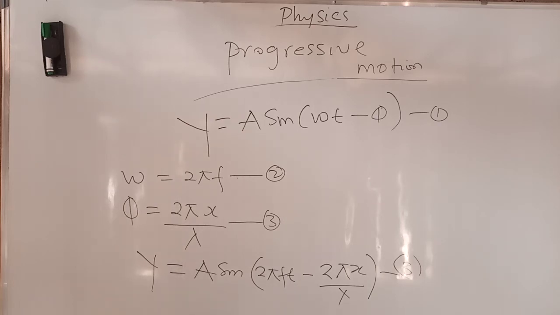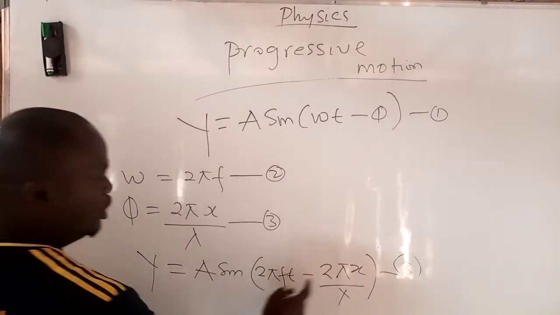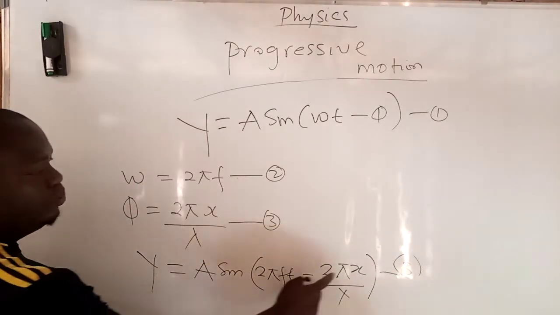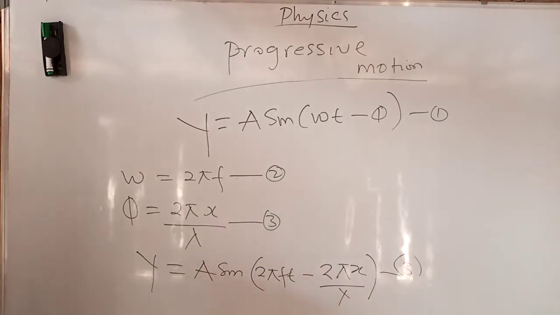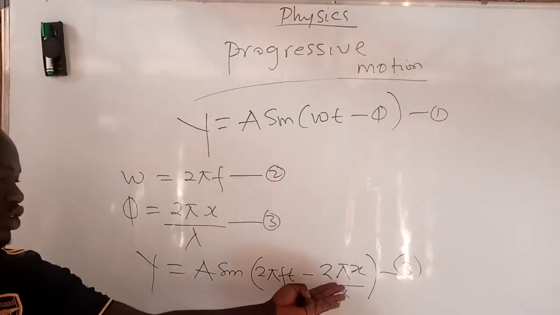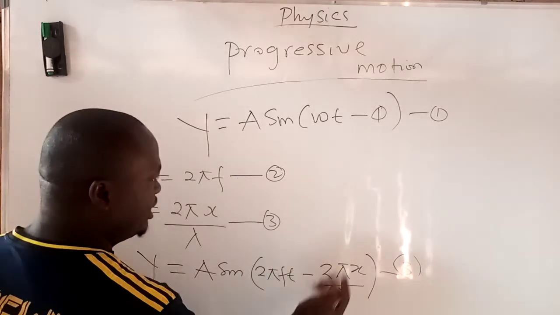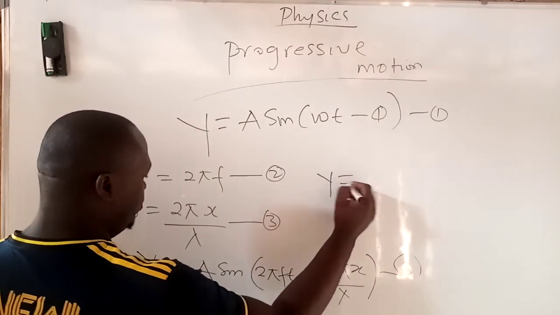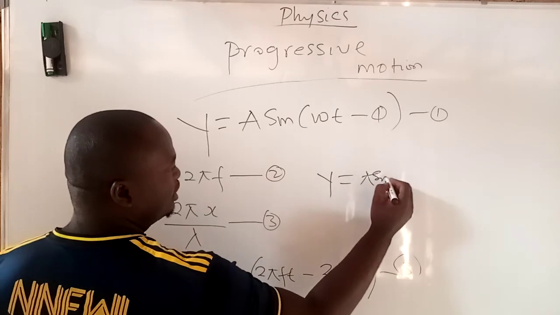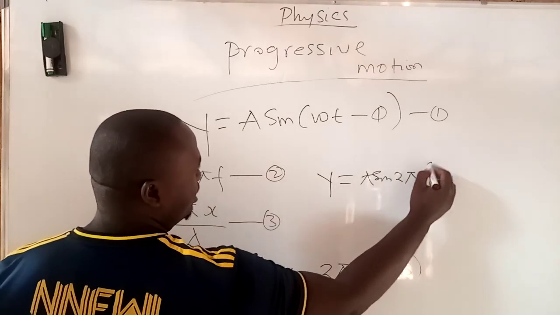And what I'm going to do right now, if you watch this equation, you will notice that 2π is common. So what I want to do right now is remove the common term outside. If I remove the common term outside, y will be equal to A sin 2π all over.